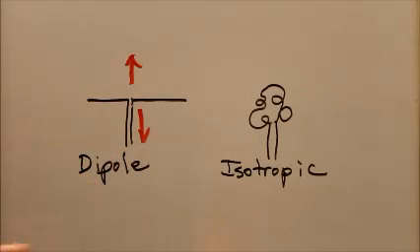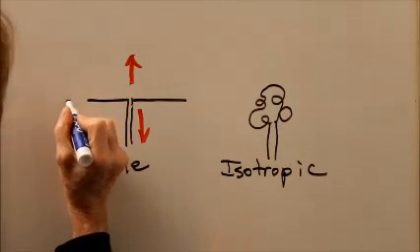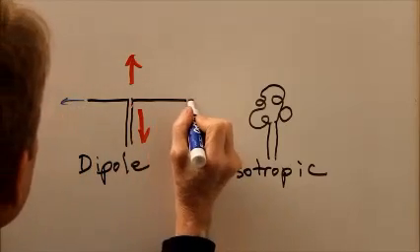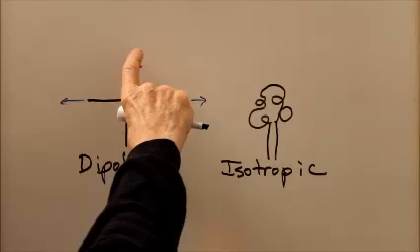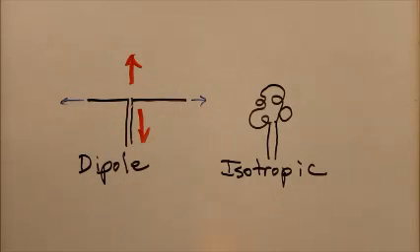The least amount of radiation occurs off of the ends. In fact, theoretically, in free space, for a perfectly straight, perfectly conducting, infinitely thin half-wave dipole antenna, the radiation directly off of the ends would be zero. But you'd get the maximum radiation perpendicular.